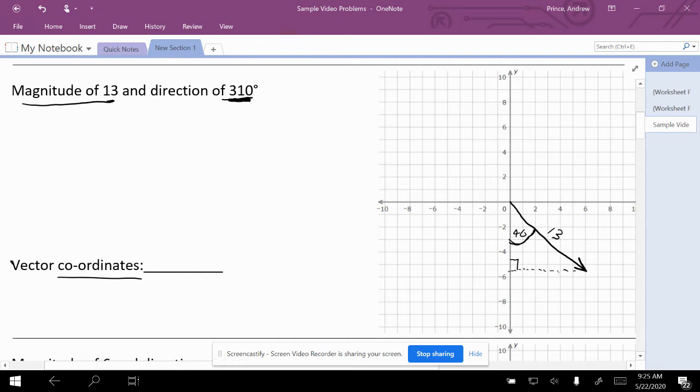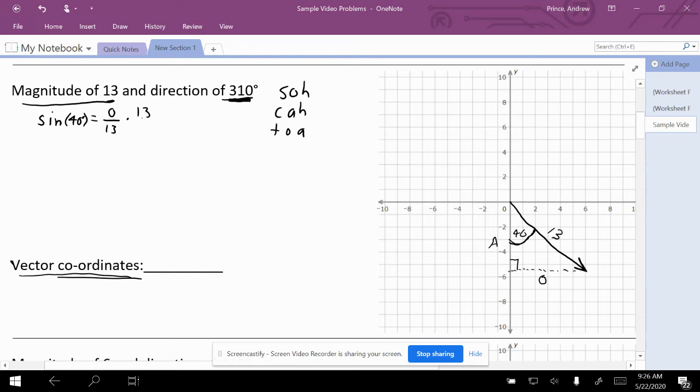And what I'm going to want to do, so I can find my vector coordinates, is find out the sides of this triangle. So I'm going to want to find out my opposite to my 40 degrees and my adjacent to my 40 degrees. I have the hypotenuse. So with our little mnemonic, I know that if I have the angle 40 degrees and a hypotenuse, and say I want the opposite first, so let's say I have sine of 40 degrees equals the opposite over 13, my hypotenuse.